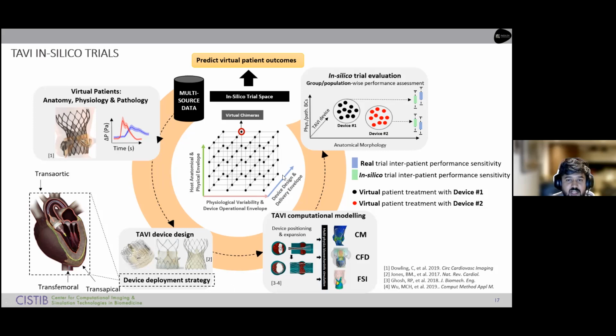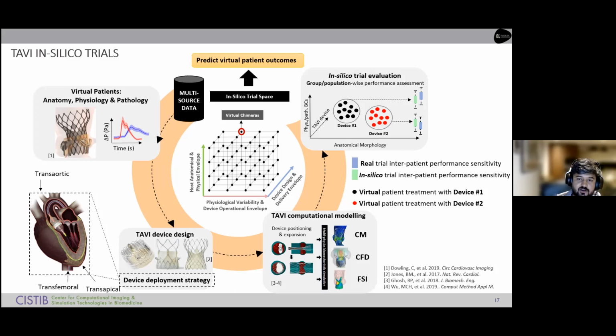And this type of analysis, needless to say, is impossible in the real world, because you'd never even try to implant multiple devices in the same patient, let alone ask them to undergo multiple tests with different devices.